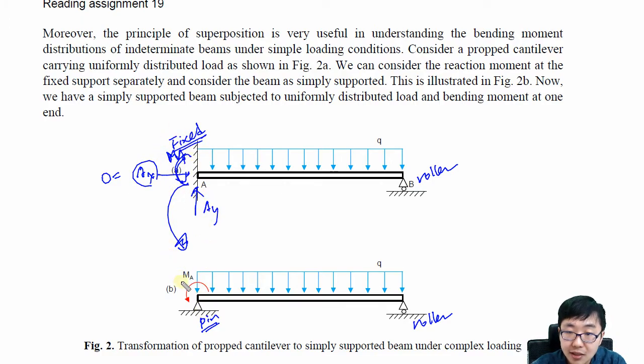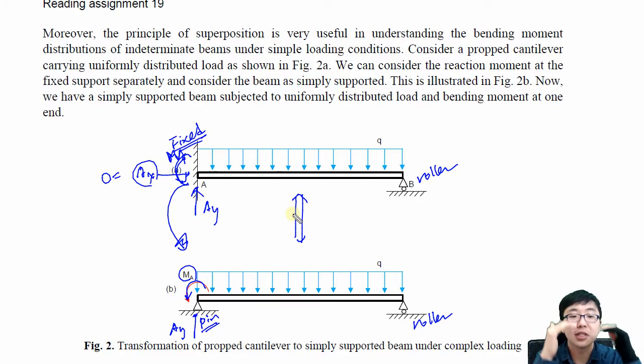So they changed the boundary condition to the pin. So we have AY here, and the moment A is directly applied to this condition, and they would say that this is the same condition like this. So this is kind of an assumption to solve it easily. So from the indeterminate structure to the determinate structure, so that it could be much easier to solve. So this is the basic idea.